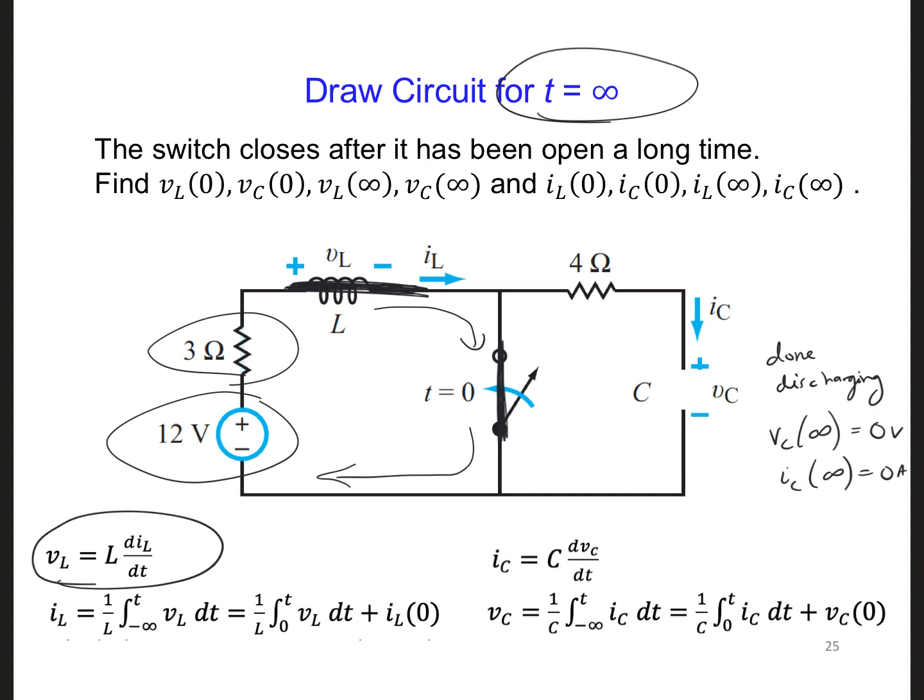The voltage for the inductor over a long period of time will be 0 because the currents aren't changing anymore. And to get the current, since the inductor is a short, the current going through that inductor will be equal to 12 volts divided by 3 ohms, and we get 4 amps. And that concludes our example.